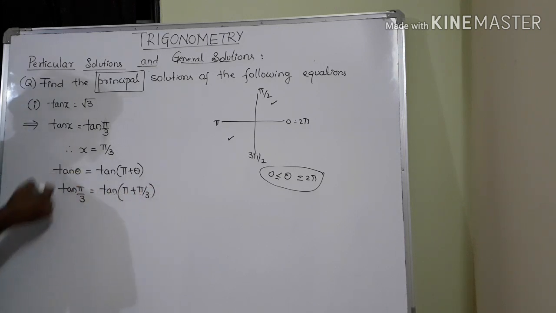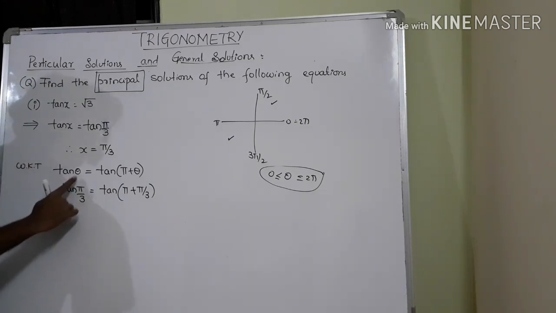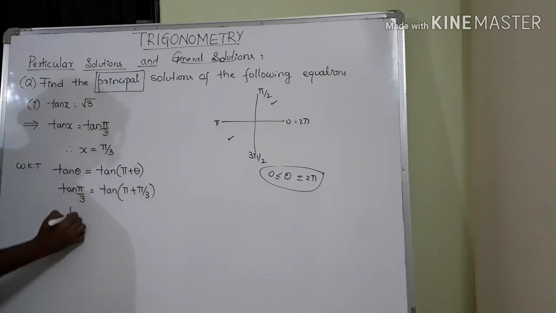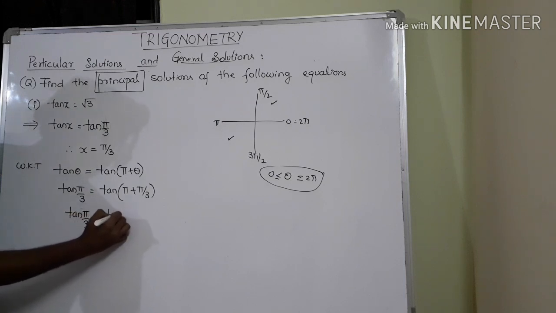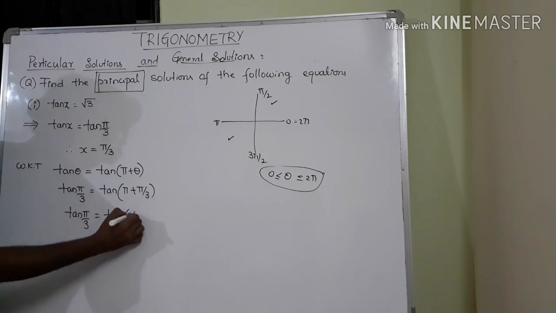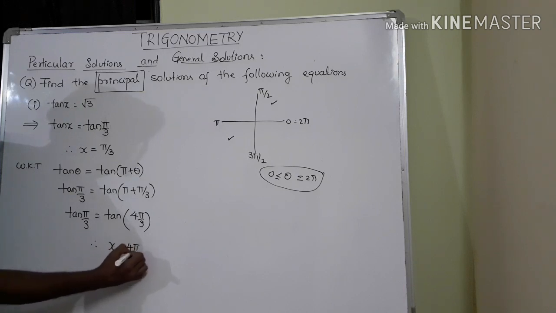Just observe the two lines here, in the place of theta I have pi by 3. So therefore tan pi by 3 should be always equal to tan, if I take the LCM, 3 ones are 3, 3 pi plus pi, that is 4 pi by 3. So therefore the other value of the x will be 4 pi by 3.